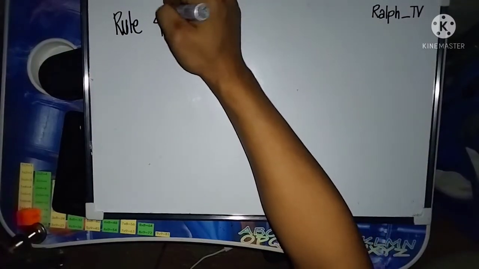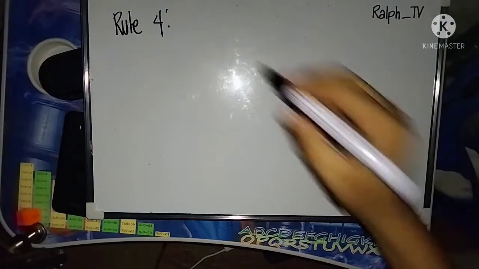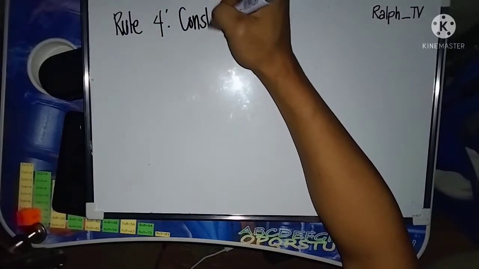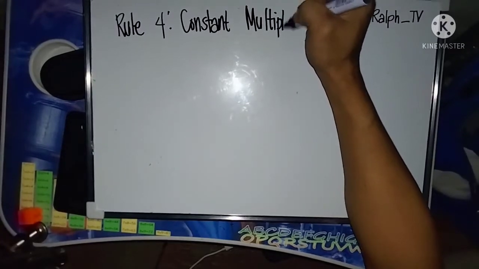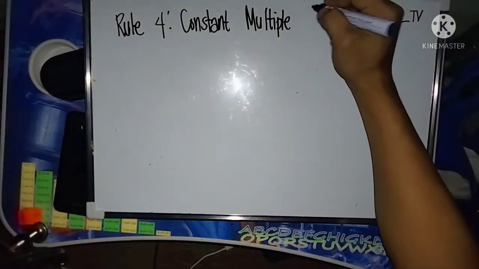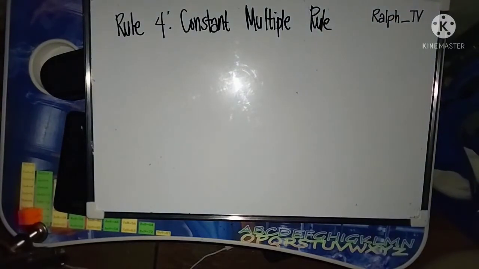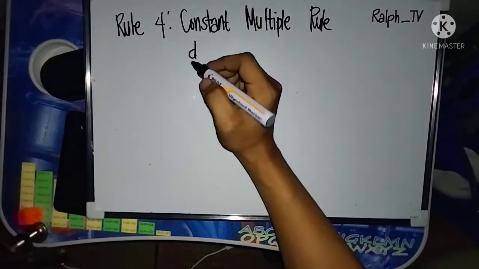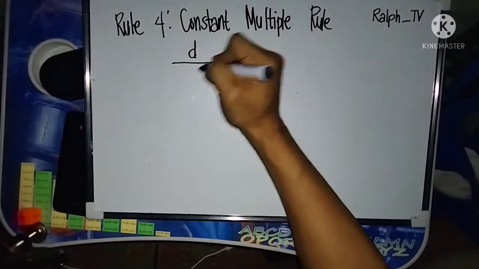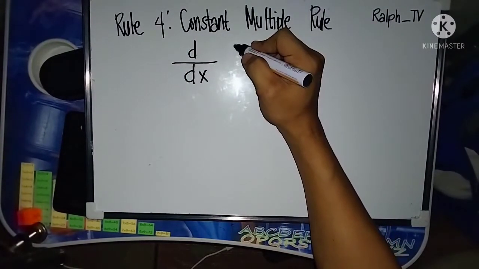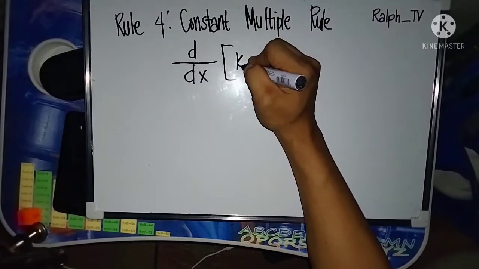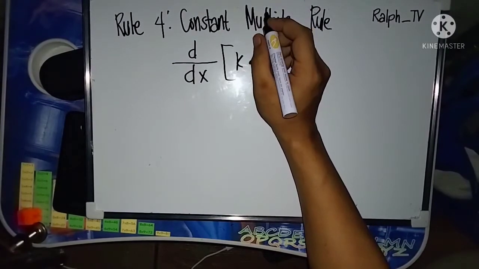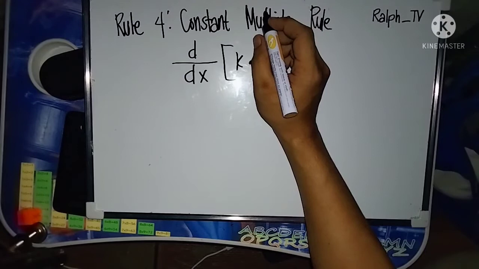So, let's proceed to the rule number 4. Ito na yung constant multiple rule. So, meron tayong derivatives of, ito yung ating halimbawa, constant is k multiply by our function.